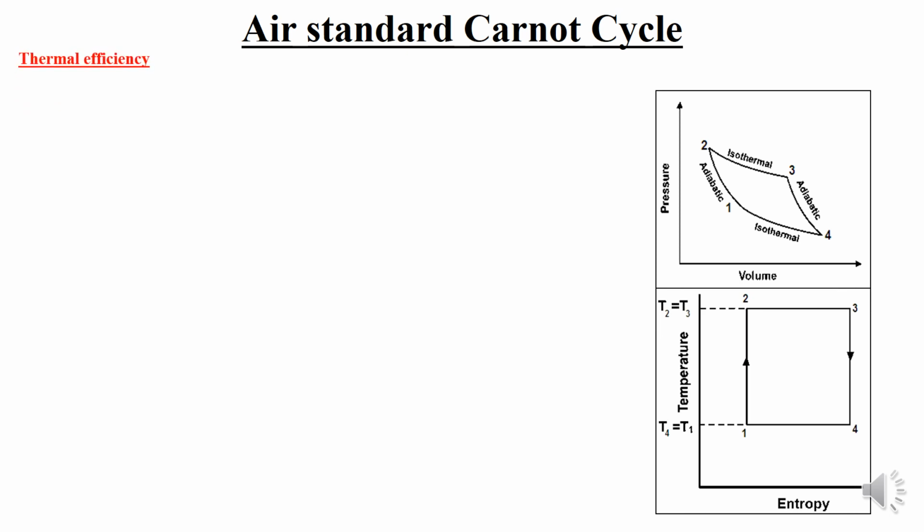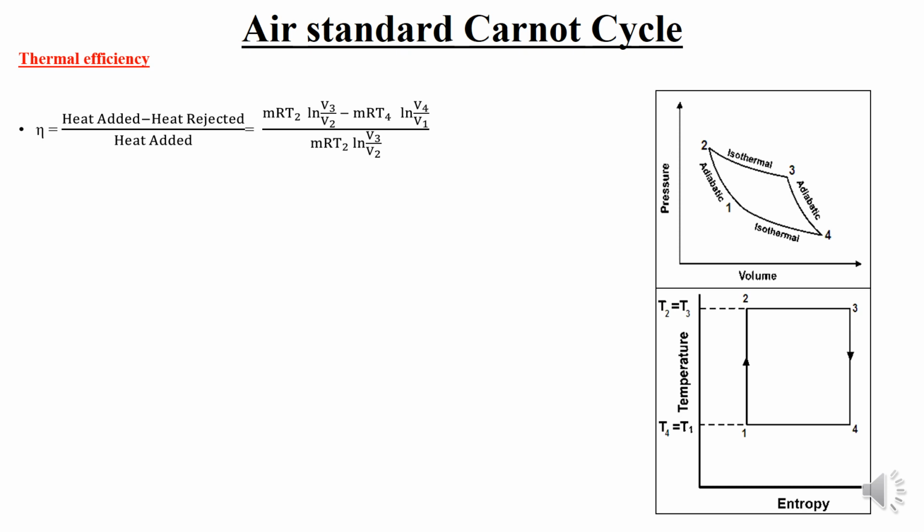Now we have to get the expression for thermal efficiency. As we already discussed in class, efficiency is output by input. In terms of heat, it is net heat divided by heat added.